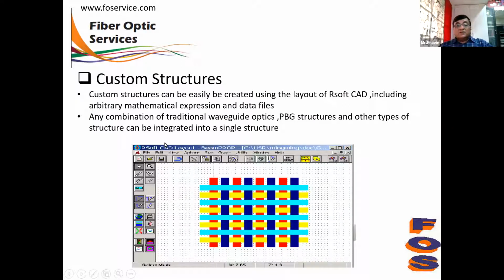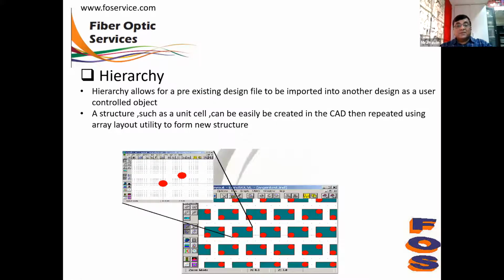Any type of custom structure can be defined in RSoft CAD. Also, once you have a unit file, you have designed one structure. That structure can be embedded into another superstructure, so there is a hierarchical design in RSoft CAD.